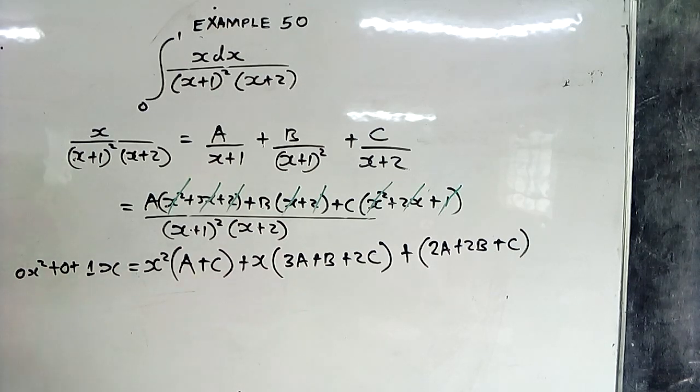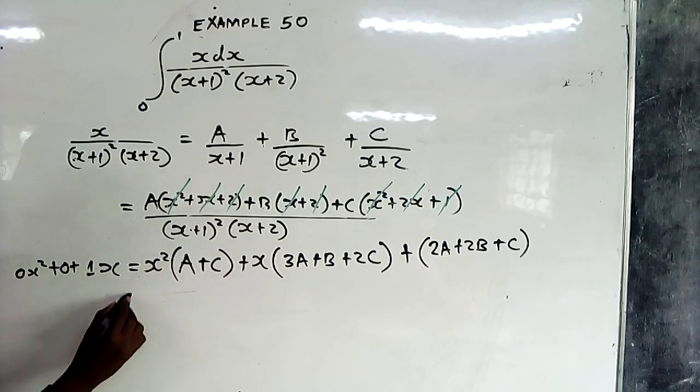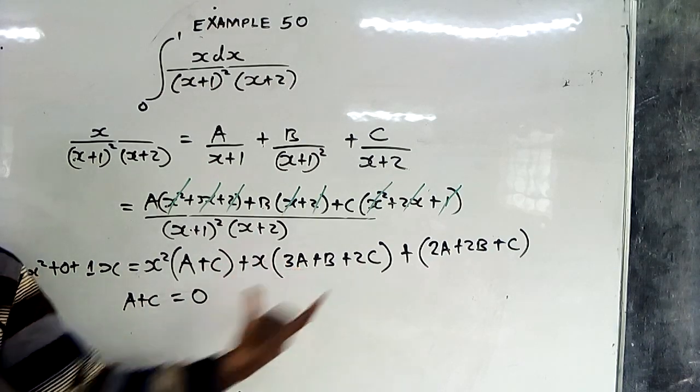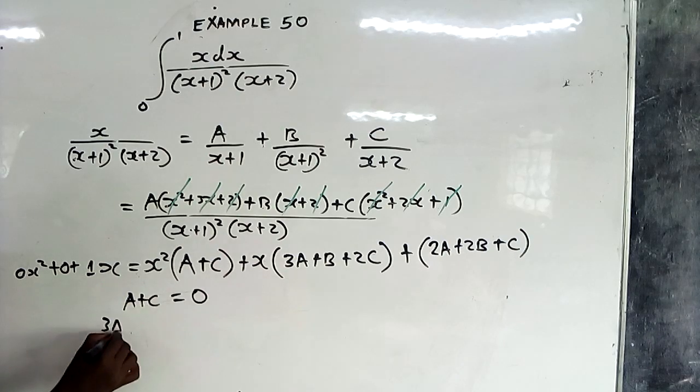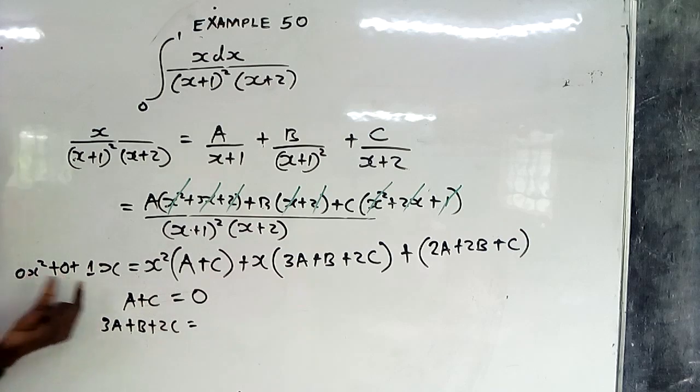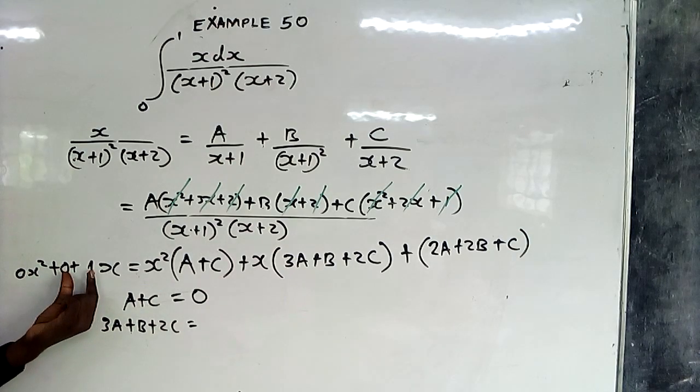The coefficient of x squared here is a plus c, which is equal to the coefficient of x squared this side, which is 0. Then the coefficient of x, the other side, is 3a plus b plus 2c, and the coefficient of x this side is 1.